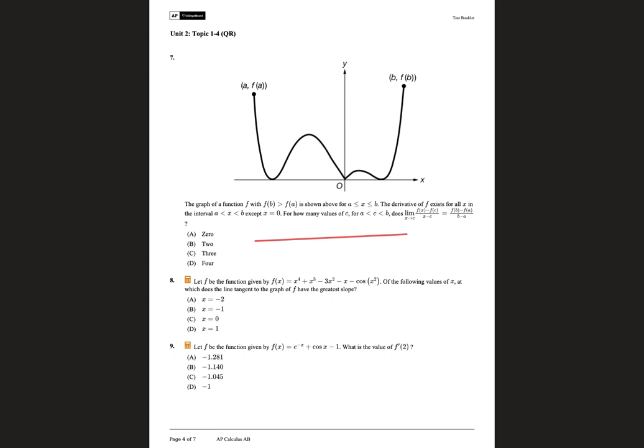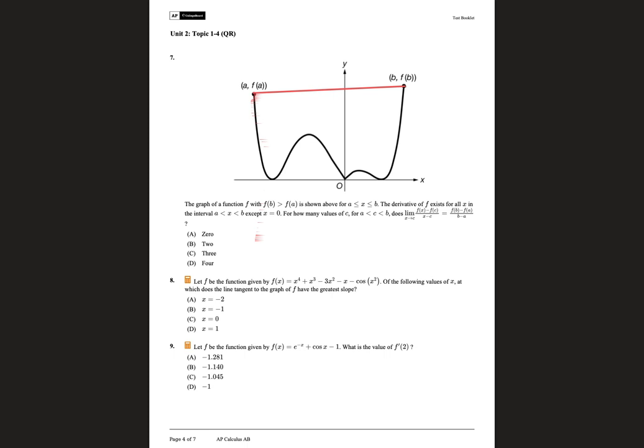So let's see if I can get this. Here's the secant line, at least a segment, joining the endpoints. So that's the slope of the secant line. And we want to find all the values of x where the slope of the tangent line at certain points on the graph has the same slope.